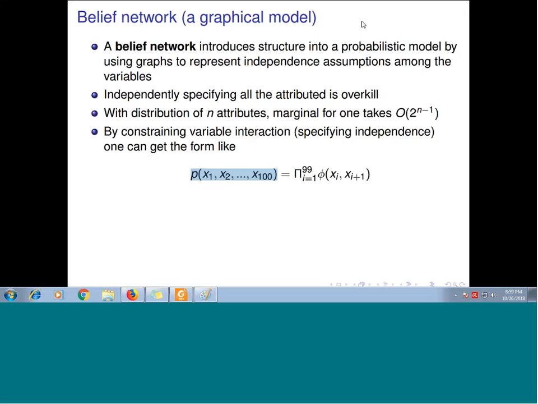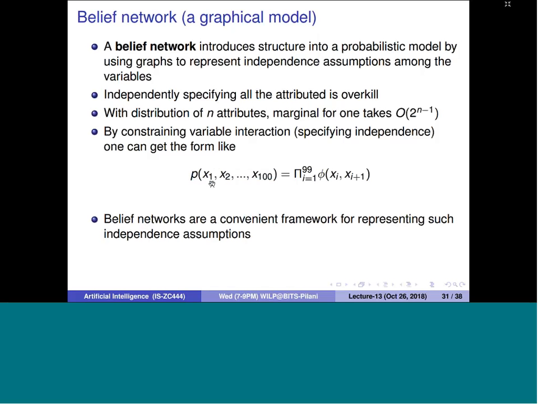I wanted to tell you only one thing: if you want to find the probability of many variables, say x1, x2, up to x10, how many values do you need to specify? For all the possible values of x1, for all the values of x2, and so on, you find the multiplication. Those many probabilities you have to specify, which could be overkill because these numbers could be very large.